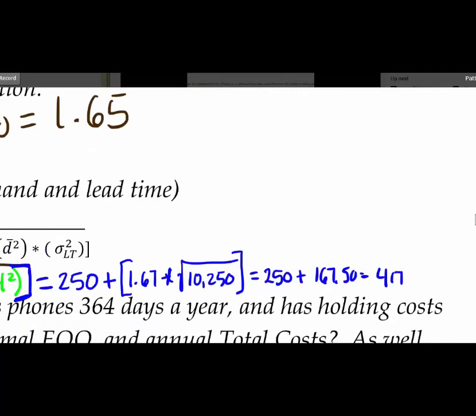As you can see, I have worked it all the way out, and we end up with 417, which means that when our stock drops to 417, we should place an order. It doesn't really explain how much we should order, but just that we should place an order when our stock drops to 417.